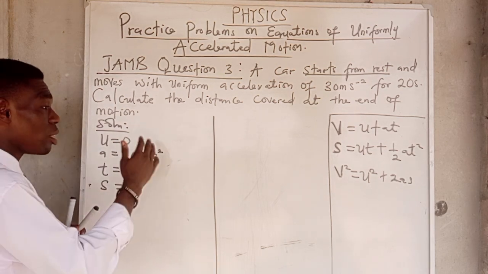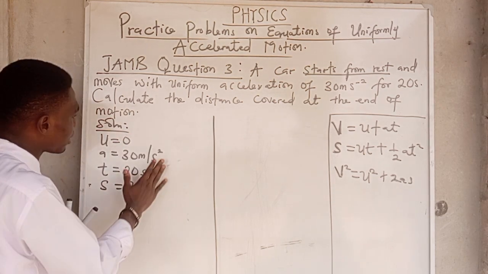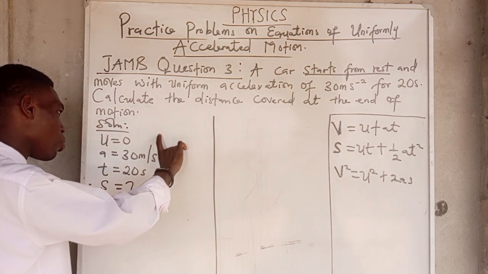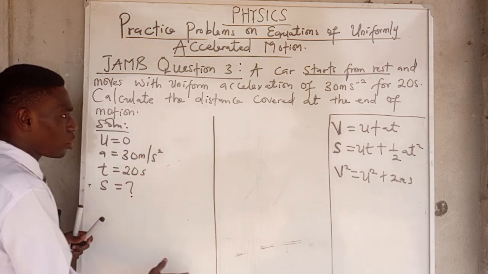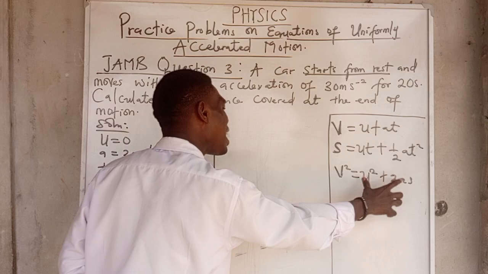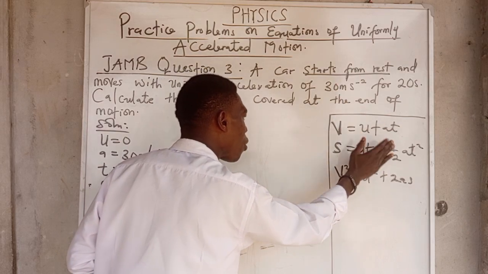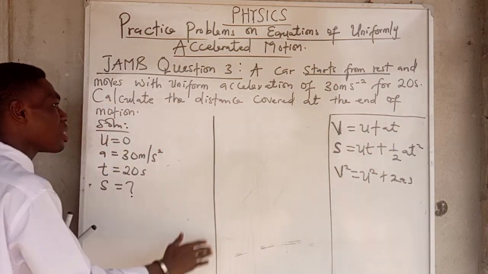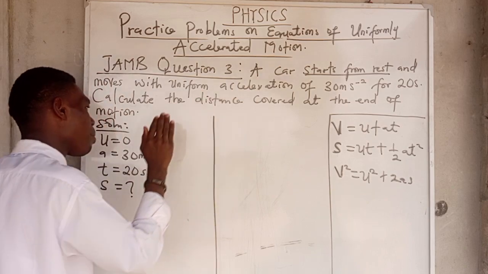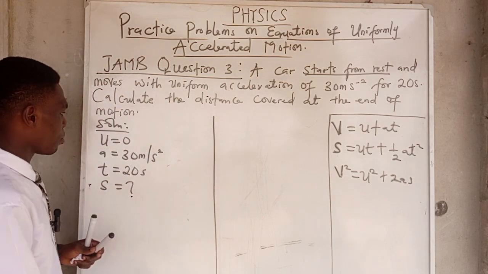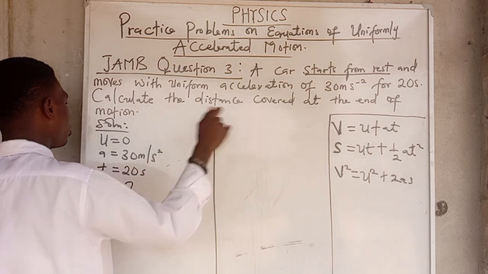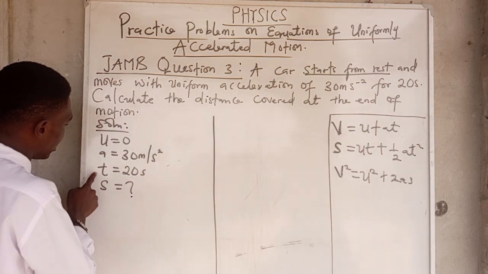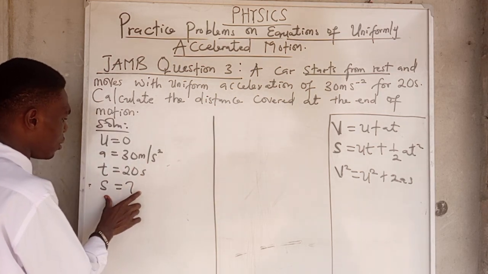You can see, even from the first two questions, that everything they are giving us is 3 parameters, and they are looking for 1, making everything 4. I told us that each of these equations has only 4 of the parameters, so you can use any of them that is appropriate for a particular question. So we'll look at what is not here to check what equation we are going to use. u, a, t, s, that means final velocity v is not here.